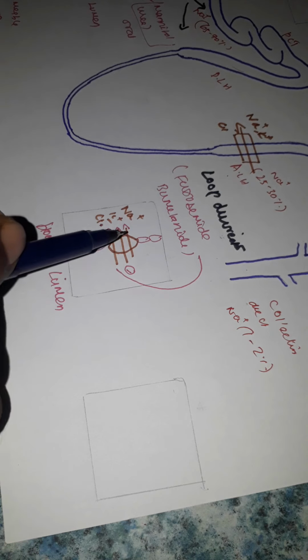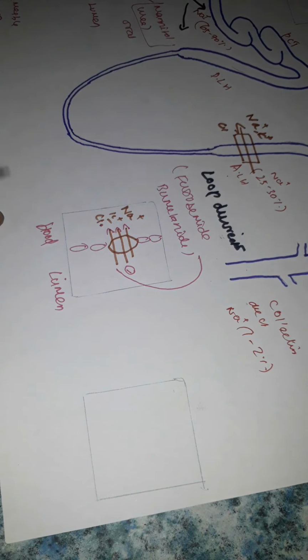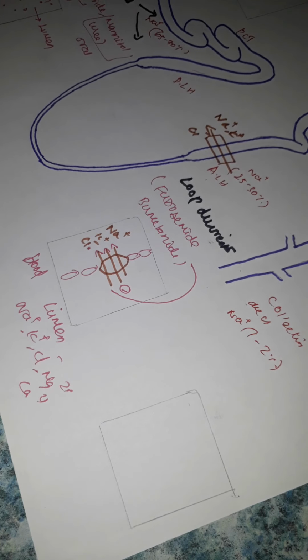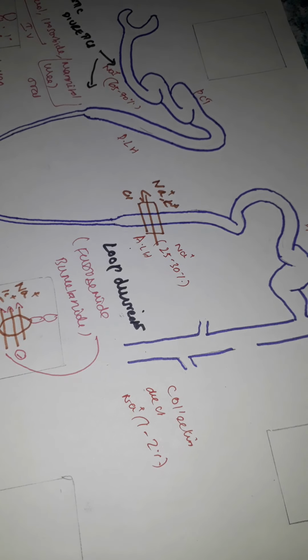So the entire transporter collapses, and sodium, potassium and chloride are not transported, and they are retained within the lumen and excreted. It helps in the excretion of sodium, potassium, chloride, magnesium, calcium and so on. Loop diuretics are 80 to 90% absorbed orally, and their elimination is by the proximal convoluted tubules.